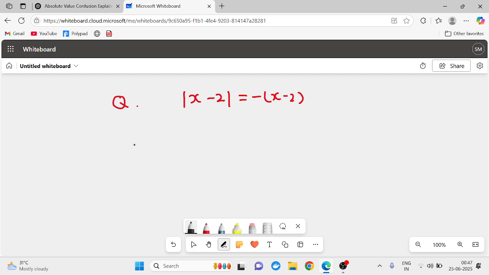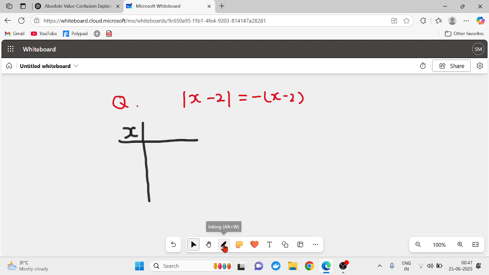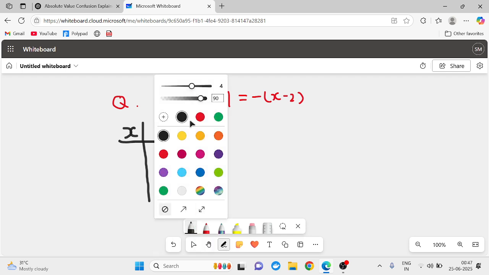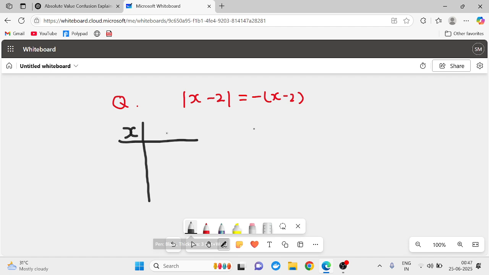So if you look at it, I'll put x. Again, I'll bit decrease the size. Okay. Say this will be mod of x minus 2. I think it's better now.